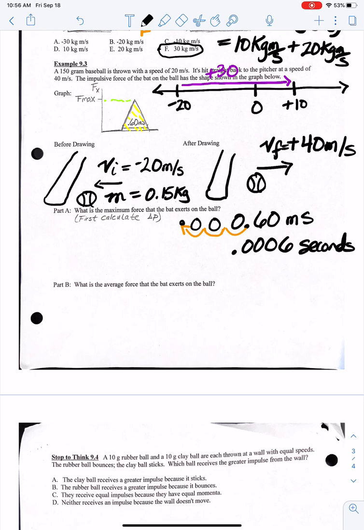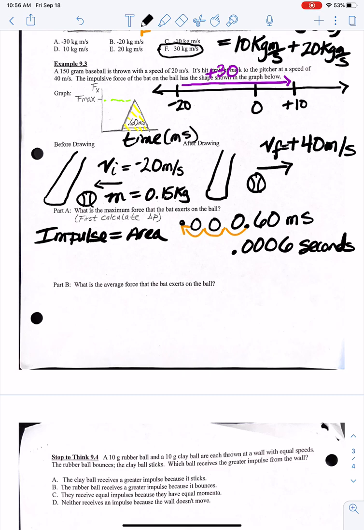So once again, impulse, which is J, is equal to the area of an F versus T graph. This is time on the x-axis in milliseconds.